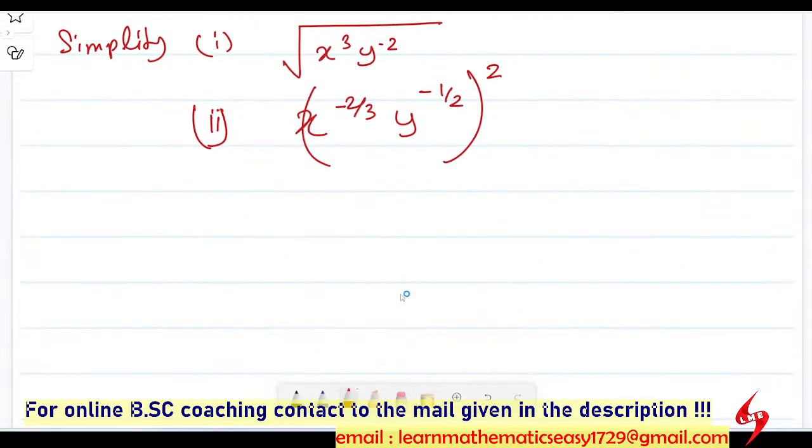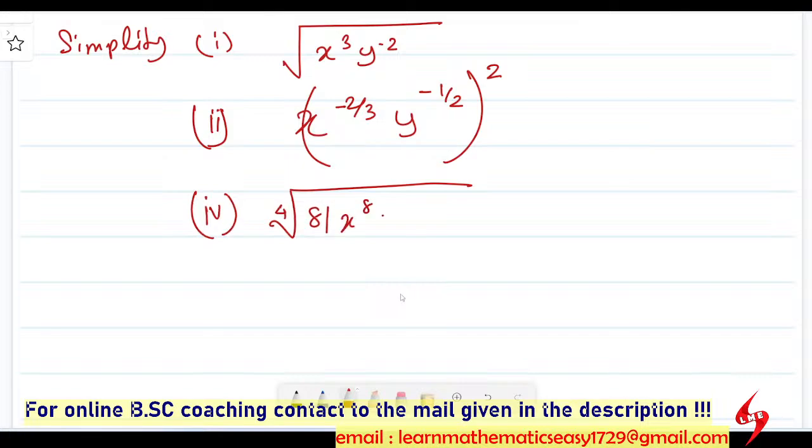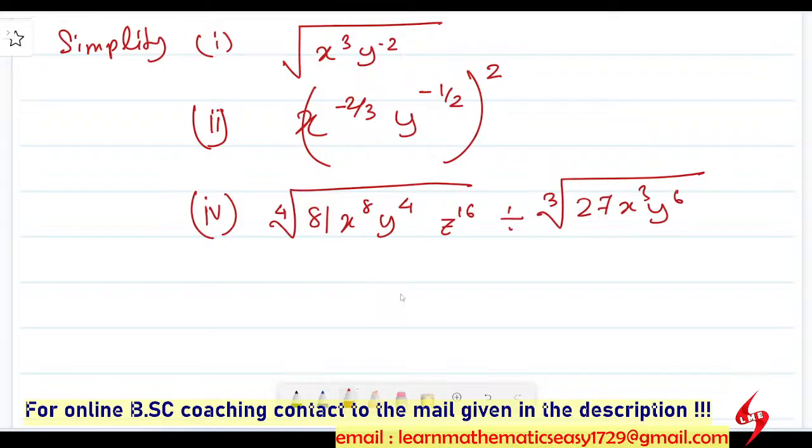Another thing: 51, x to the power 8, y to the power 4, z to the power 16. Here is the division: cube root of 27 x cube y to the power 6 z to the power 9.